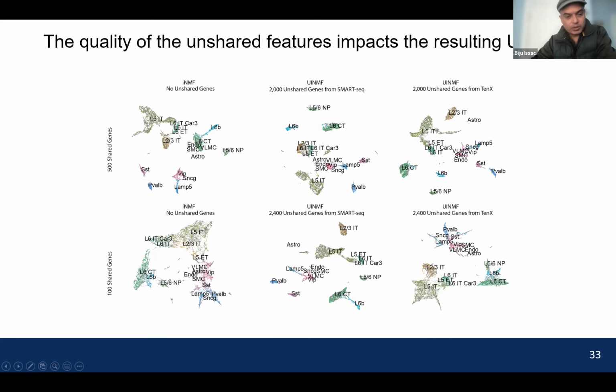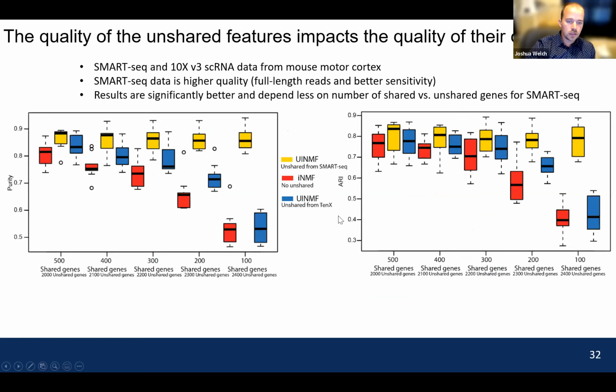Yeah, I had a question on the unshared and the shared genes for the SMART-seq and 10x. So in that case, would you think that we should exclude the 10x unshared genes during the integration approach? So the results, let's see if I can go back to the previous slide.